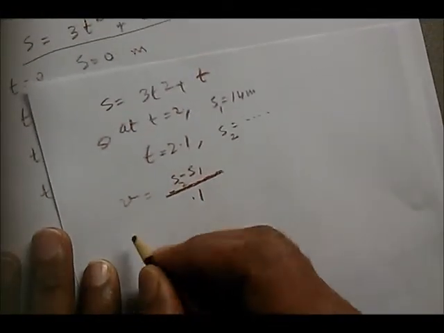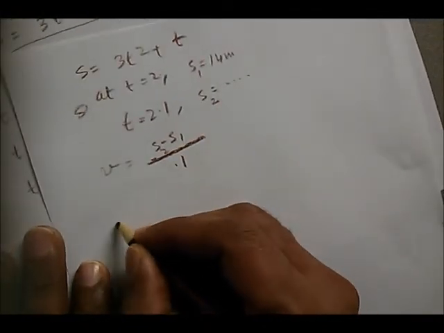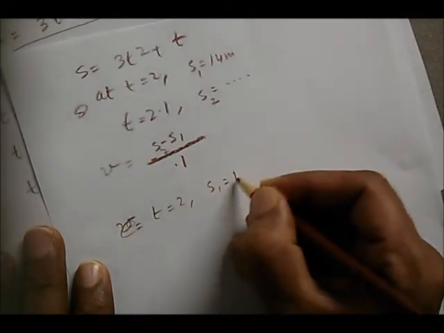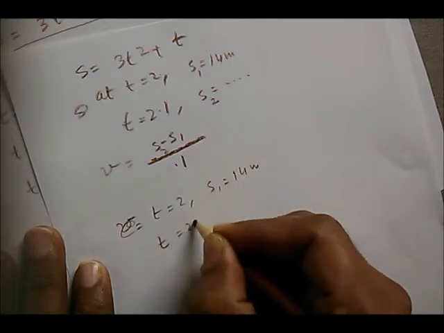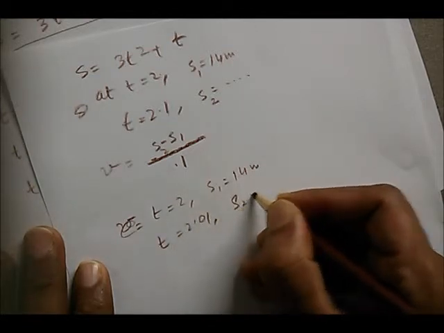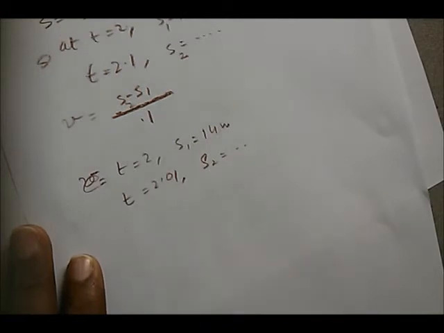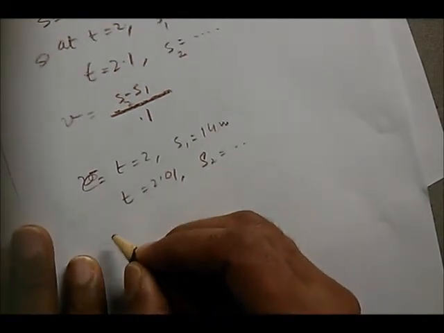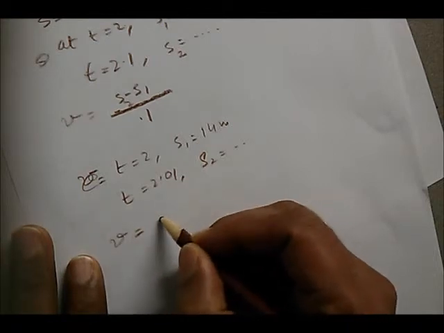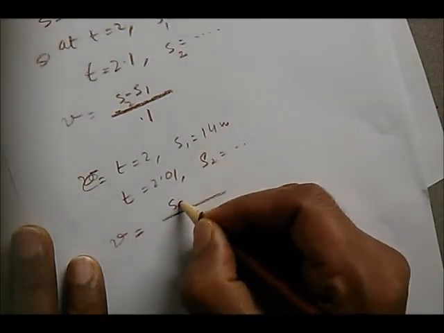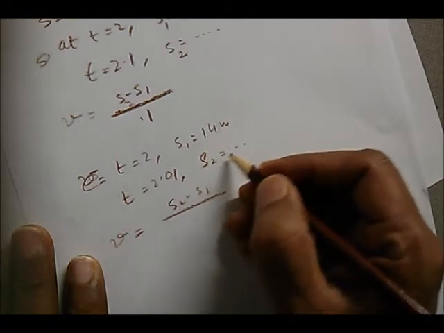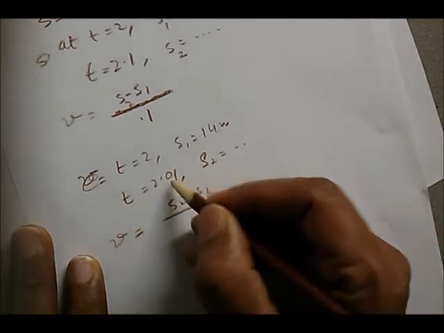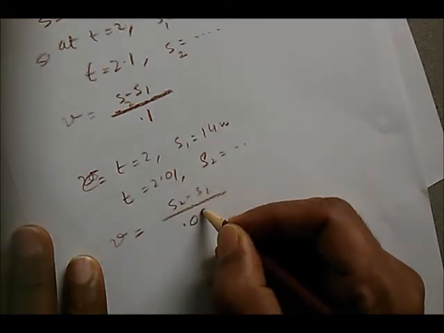And you can further go on refining this by finding the velocity between t equal to 2 and t equal to 2.01. This reduces the separation between the two times where we find the velocity, but it will be very close. So in this case the velocity will be s2 minus s1, where s1 is the distance covered at time 2 and s2 at 2.01, divided by 0.01.